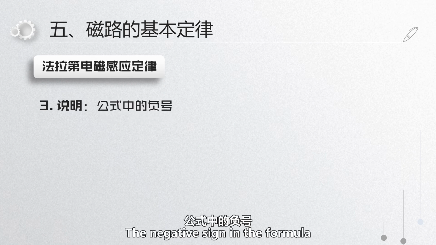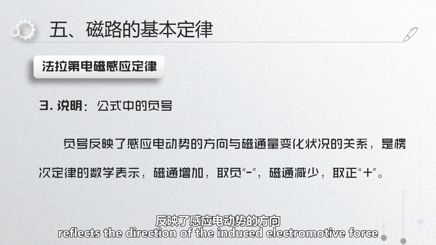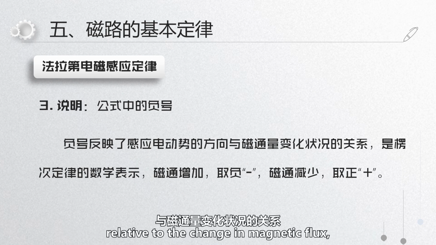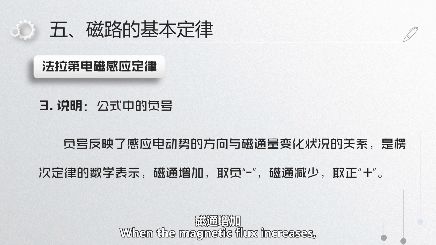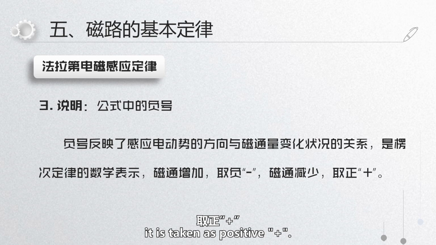Explanation. The negative sign in the formula reflects the direction of the induced electromotive force relative to the change in magnetic flux, which is a mathematical representation of Lenz's law. When the magnetic flux increases, E is taken as negative. When the magnetic flux decreases, E is taken as positive.